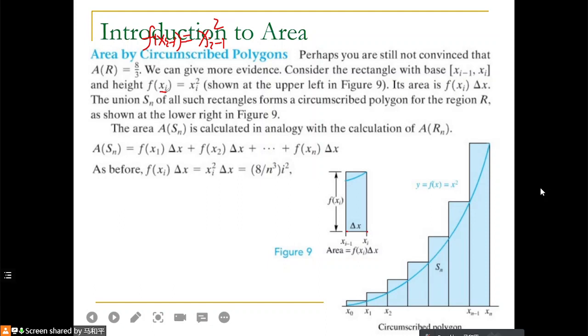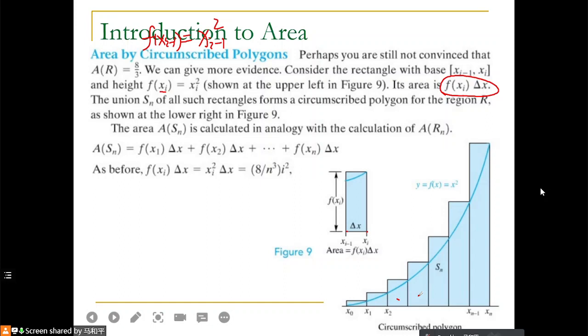Its area is f of x i times delta x. Right, f of x i delta x. The union Sn of all such rectangles forms a circumscribed polygon for the region AR, as shown at the lower right in figure 9. This one. This is the first rectangle, the second rectangle, the third one, and they form the circumscribed polygon.